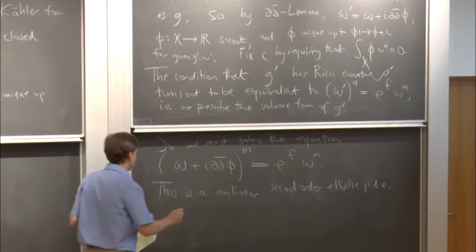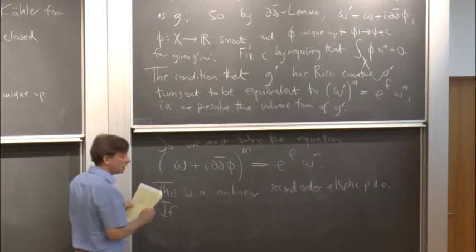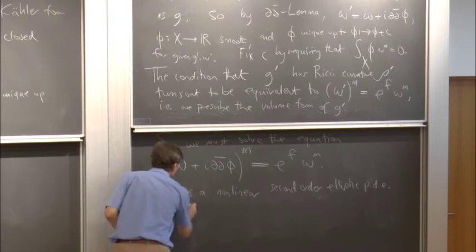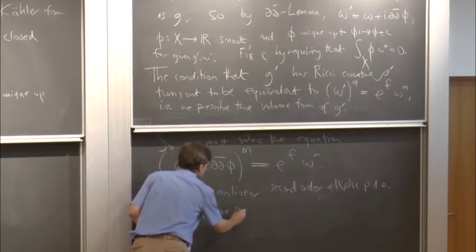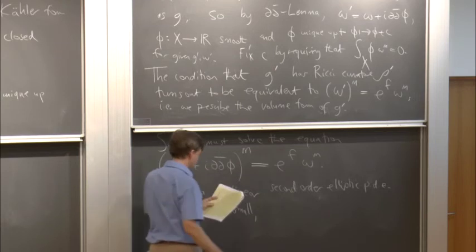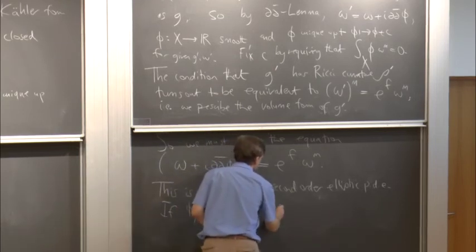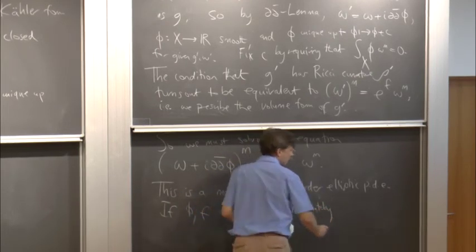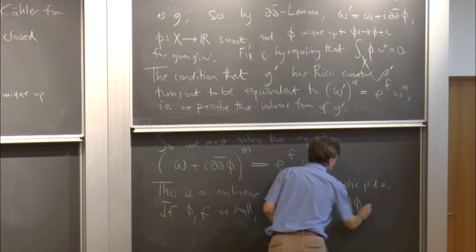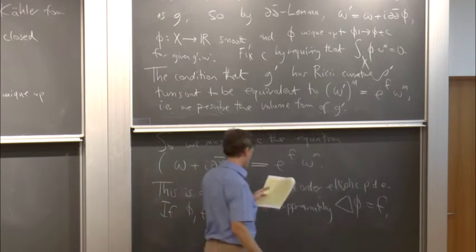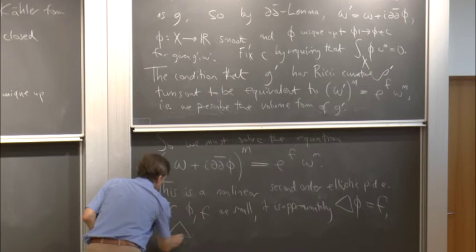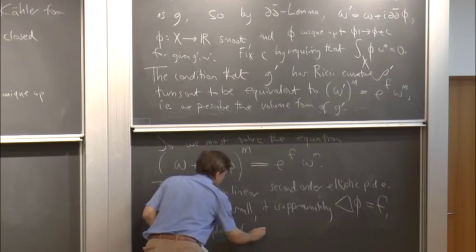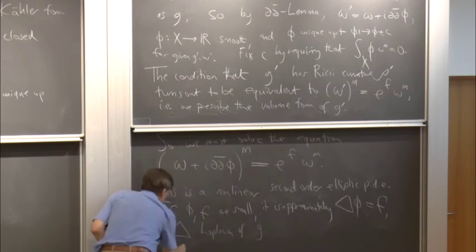And it's non-linear, but if you linearize it around the case in which phi and f are small, it is approximately the Laplacian of phi is f, where delta is the Laplacian of g, so this is really d star d.